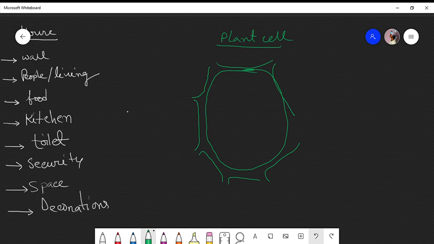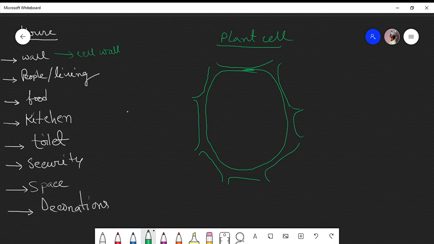So it's a double wall. Let me draw the double wall. Nice. That went well. So we got the wall. What's the name? Let's name it cell wall. Yes. So we got the cell wall complete.